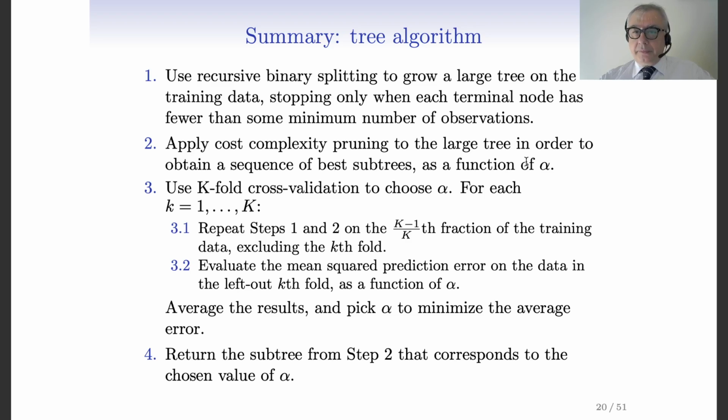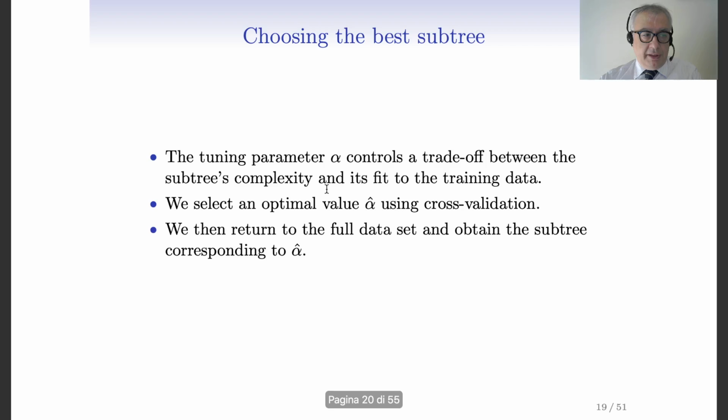Then we apply cost complexity pruning to the large tree in order to obtain a sequence of best subtrees as a function of alpha. So we take different values of alpha, and for each alpha we find the best subtree, the subtree that optimizes that cost function that we have already seen.